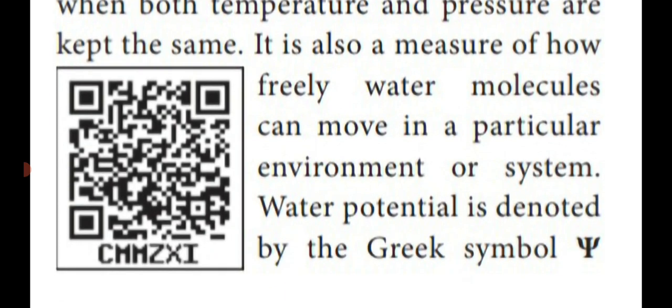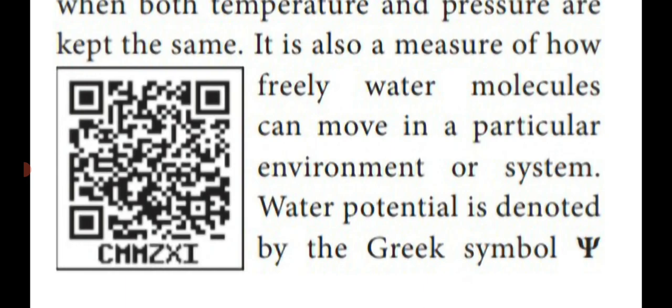Then it also measures how freely water molecules move in a particular environment or system. So by using water potential, we can measure the free water molecules which are moving in the particular environment or system.